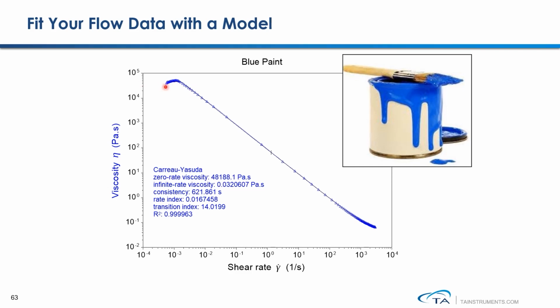This gives me good information that helps me to correlate with the sample's storage stability. Also, from this Carreau-Yasuda model fitting, it gives me some information about the viscosity of this blue paint under infinite shear rate conditions.